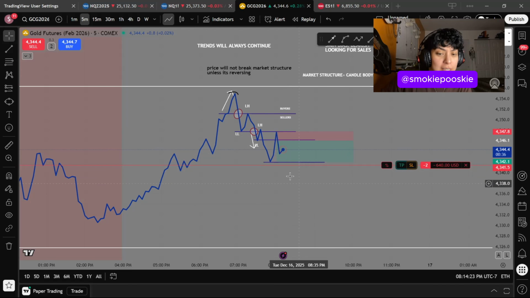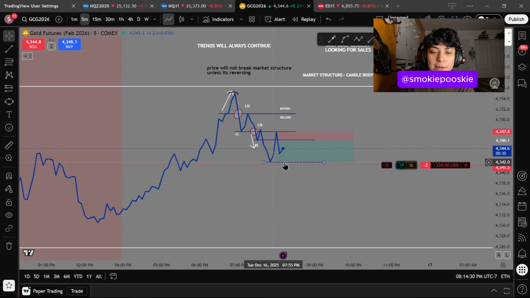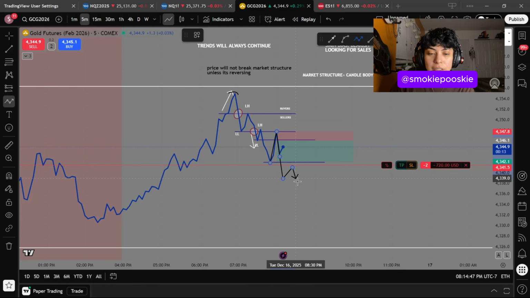Unless price can come all the way back down to this level right here and continue that bearish structure. So let's wait and see what price is going to do. Right here, we want to see price continue to break that bearish structure.